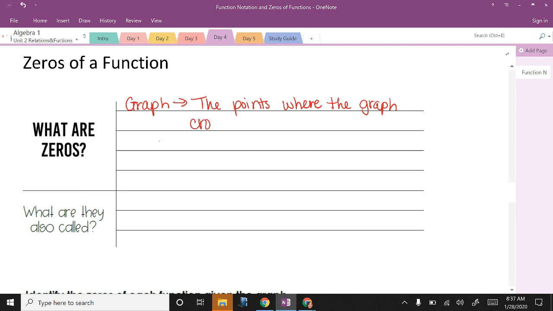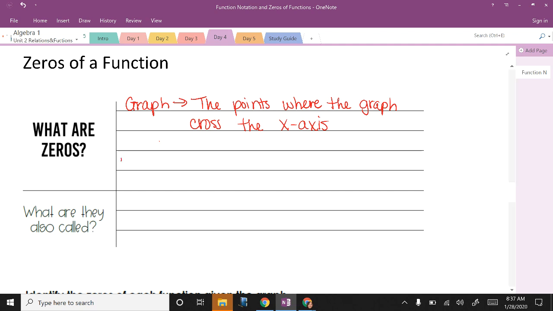So if a question says, what is the zero of this function, and you have a graph, you're looking for the x-intercepts, basically. Okay? So that's what you do if you have a graph.